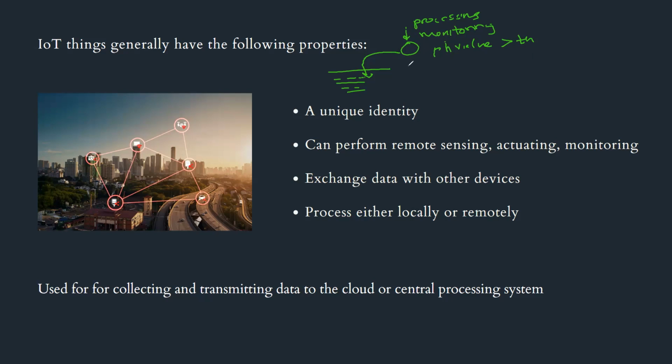Otherwise, the other way is that the sensor can collect information and send all the data to the access point. That means sensing only, not doing any processing. So then we can just call it remote sensing.